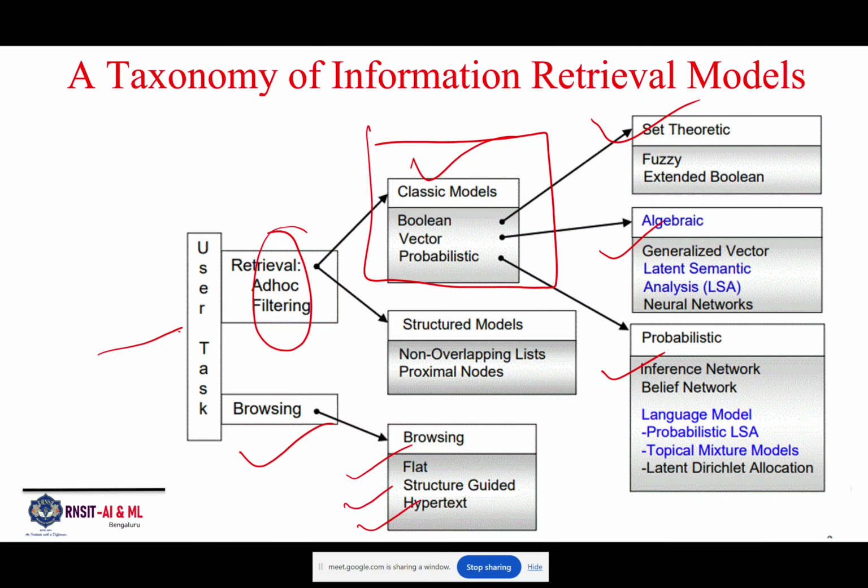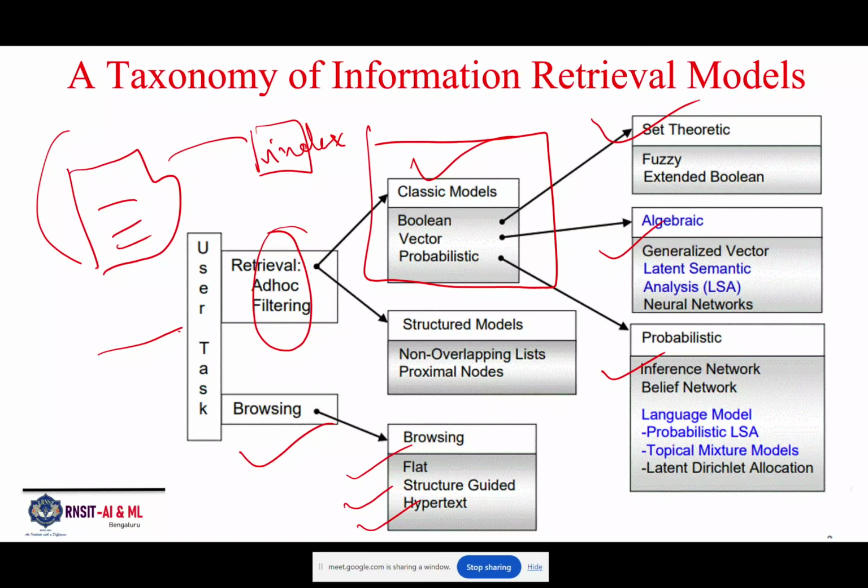They are in the form of full text plus a set of index terms. So I just wrote the same thing. If you have a document, it is associated with the index. Usually based on these index terms only, the document is recognized or retrieved.